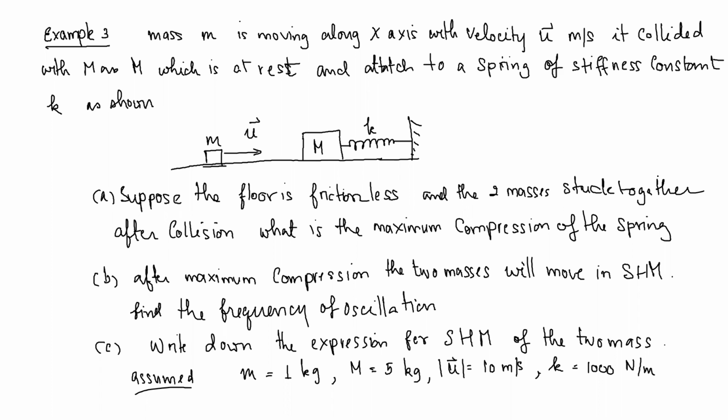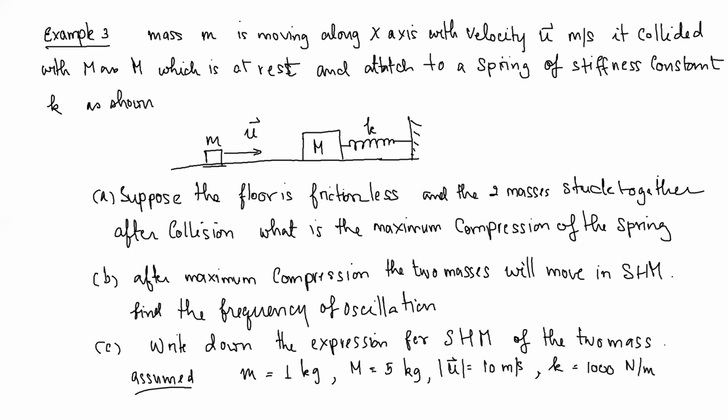Let's discuss this problem. We have 3 topics in one question. The first one is that the mass is moving and then collides with a second mass, and then they move together.